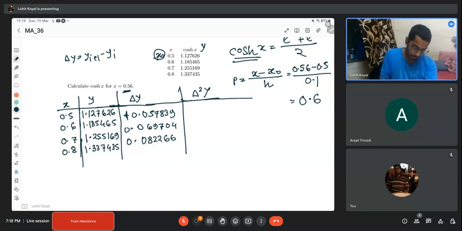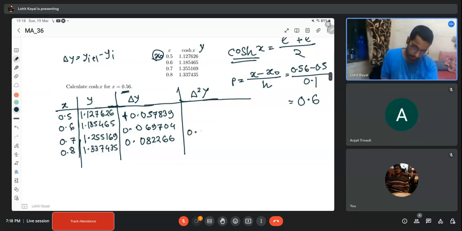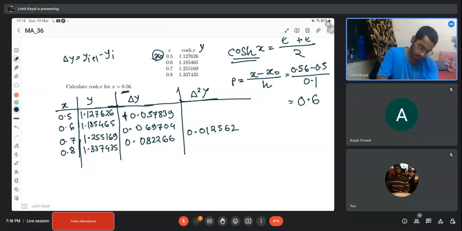So this term I have calculated, it will be 0.012562, and this will be 0.069704 minus 0.057839.